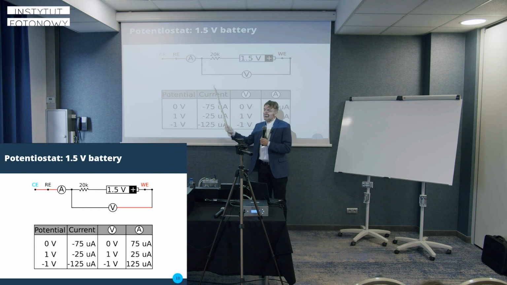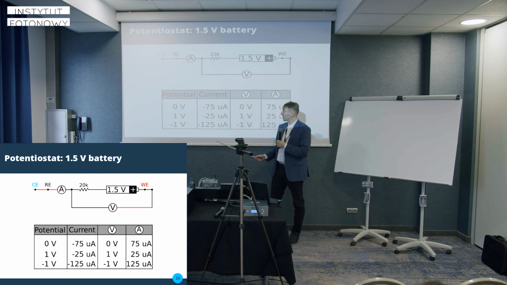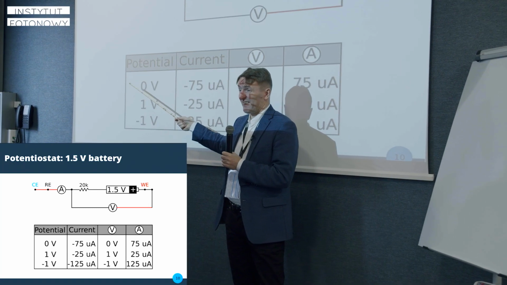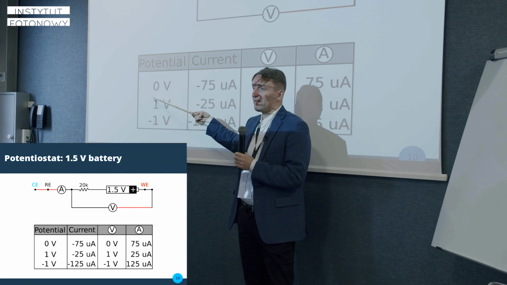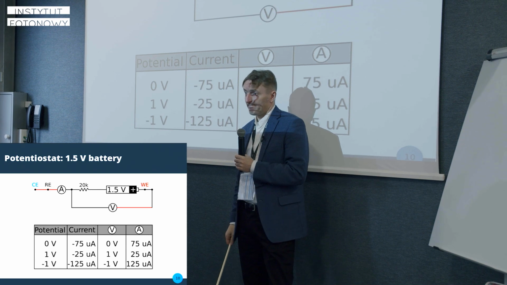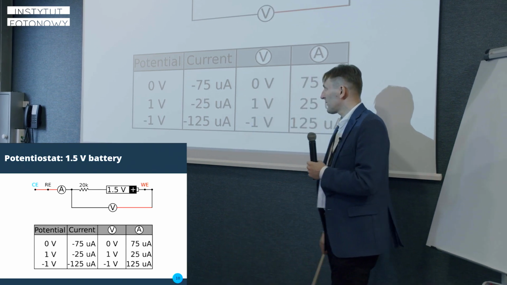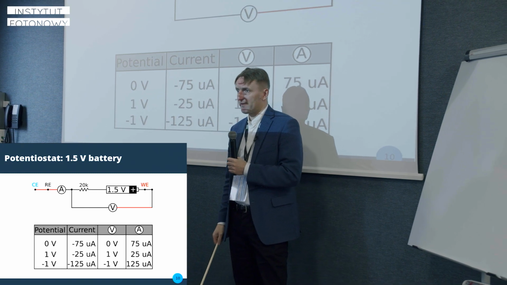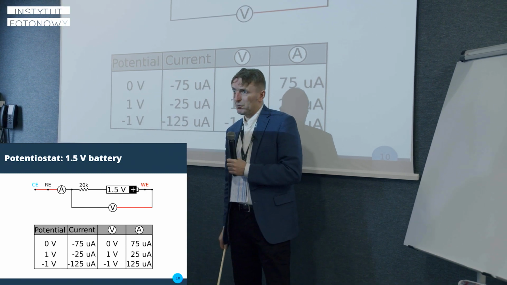But now, what would be the readings of the current for the potentiostat? The reading will be minus 75 microamperes. And for set potential, it is not a reading really, it is our setting for the potential, 0 volt. This is not measured, this is set in the experiment. This is our control parameter. We will change it now to 1 volt.